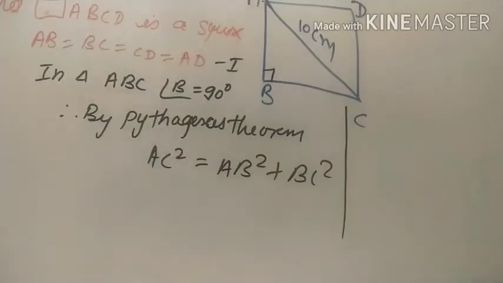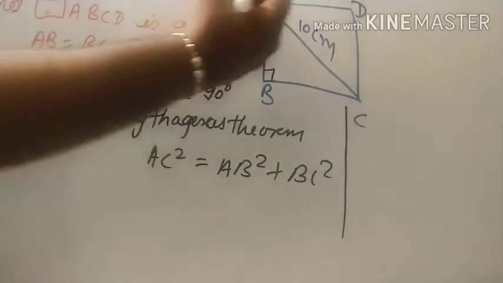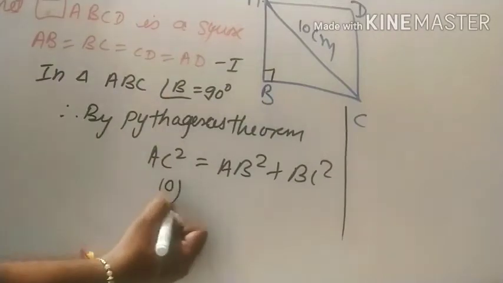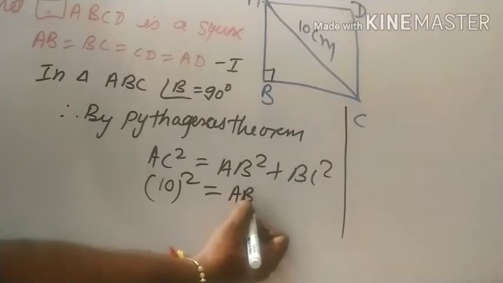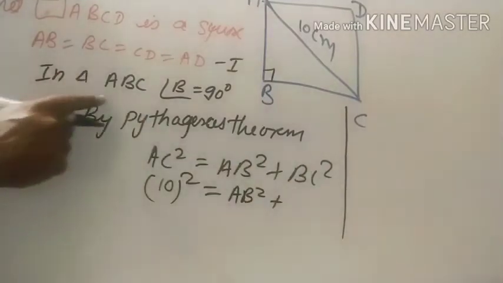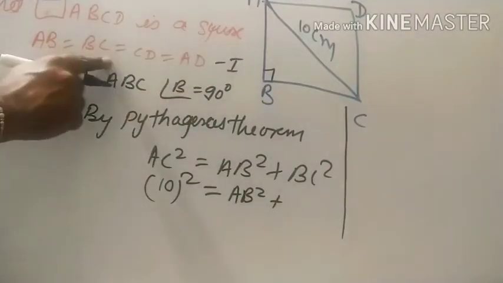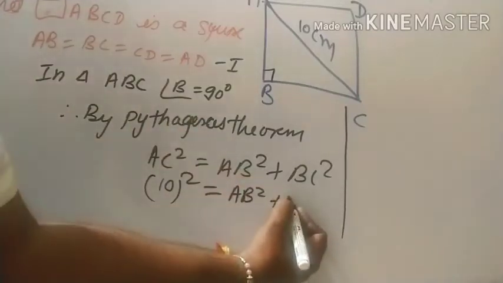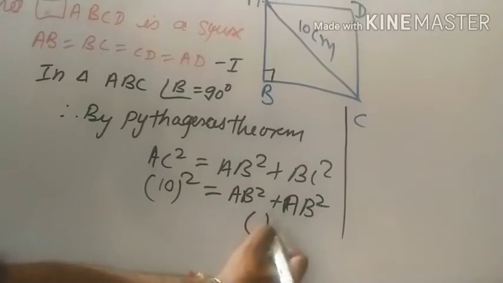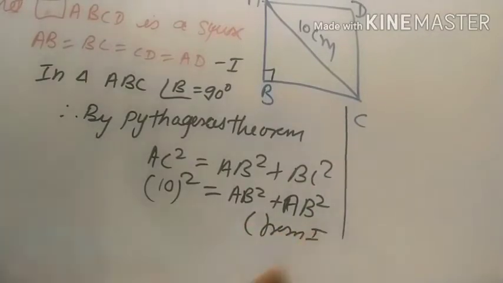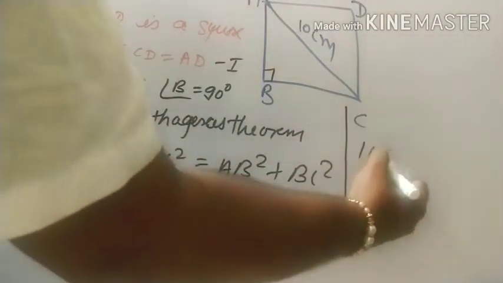So what's the value of AC? 10. 10 the whole square is equal to AB square plus BC square, which is also AB square, because AB is equal to BC. Therefore AB square. Why? From 1. Now the square of 10 is 100.